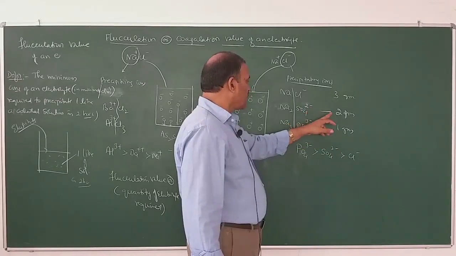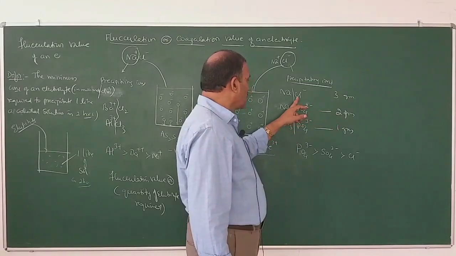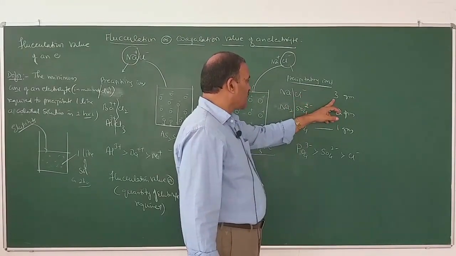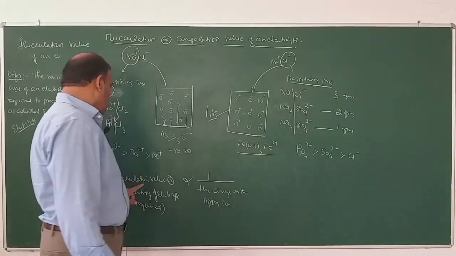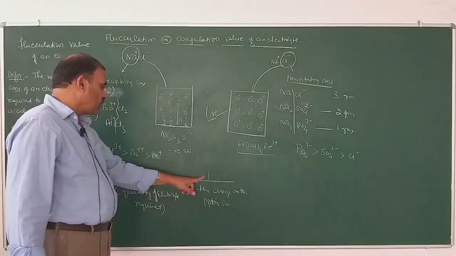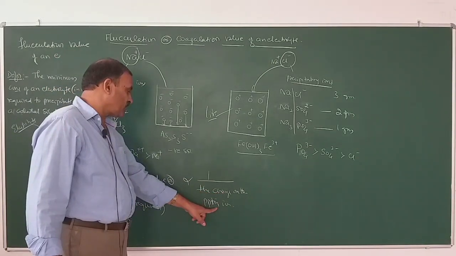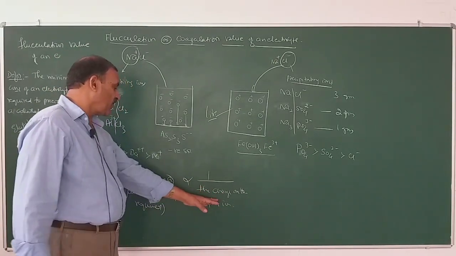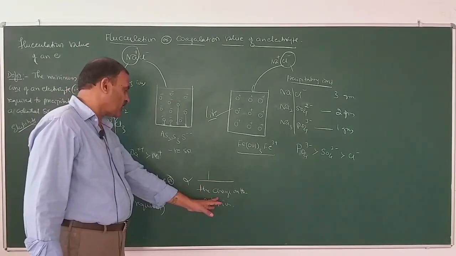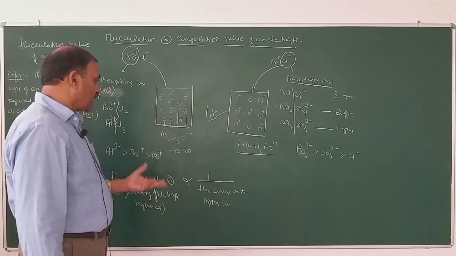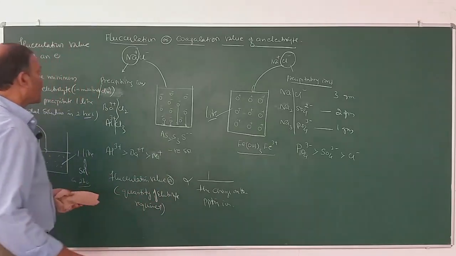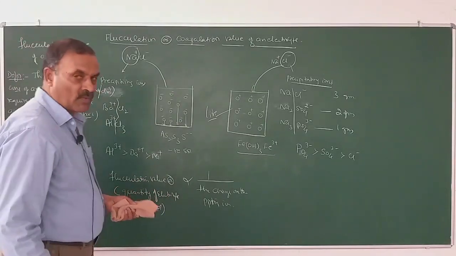Sulfate is 2 minus, it is still more. Cl is 1 minus, its weight is still more. So flocculation value is inversely proportional to the charge on the precipitating ion. The higher the charge on the precipitating ion, the smaller is the amount of electrolyte required. That is the meaning of flocculation value.